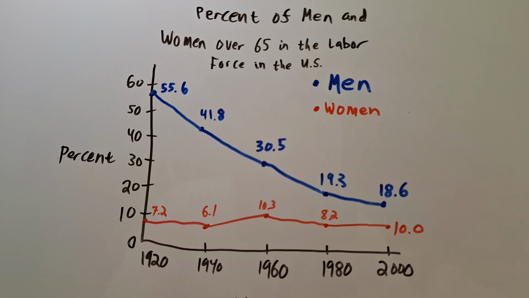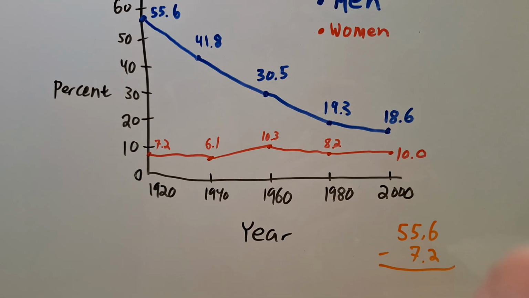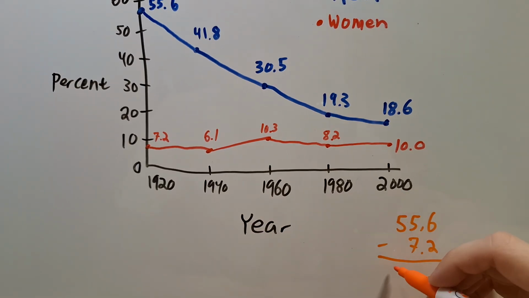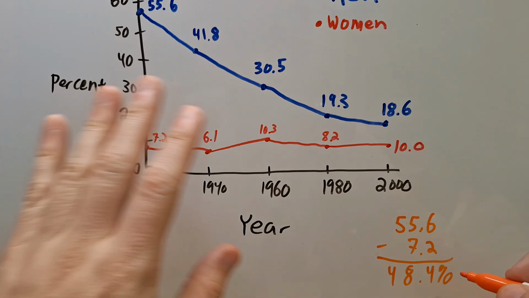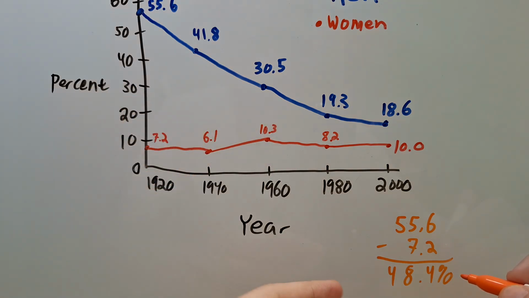And that difference is 48.4%. Let me show you my work here. 48.4%. That could be one question. Could be to find the difference between men and women in another year, but you would do the same exact thing. You would just subtract those two values.